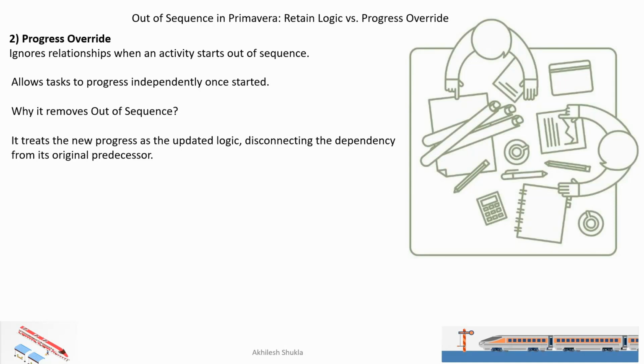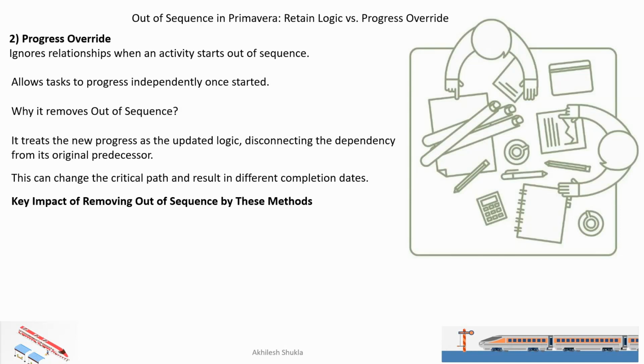We already discussed that it will not follow the logic which you created during the creation of the baseline, and this can change the critical path and result in a different completion date. It may be right or wrong. We will see the example in Primavera itself, by quantification, how the quantities change.